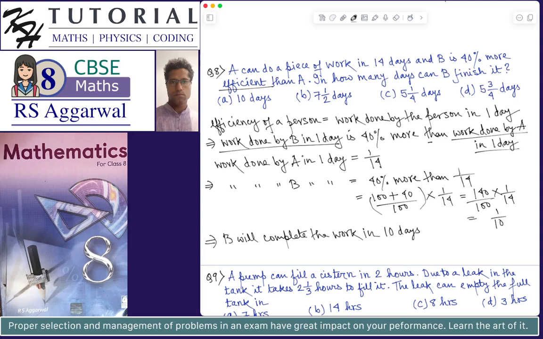So we have work done by B in 1 day is 1 by 10, so the whole work will be completed by B in 10 days. So 10 days should be the answer, and the correct choice is choice A. Let's see the answer. Question number 8. It is A.